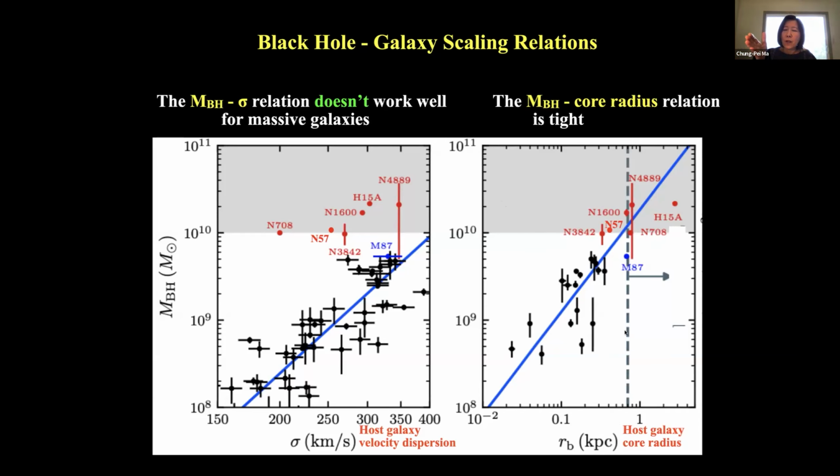So the core really knows about the black hole mass. Observationally, this positive correlation allows us to choose targets with large core radii to get spectra for, to measure its black hole mass.